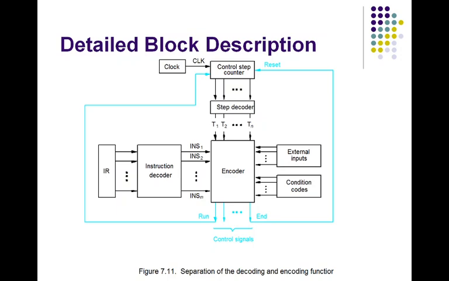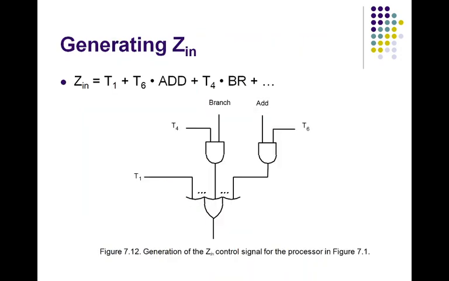The input signals to the encoder block in this figure are combined to generate the individual control signals, that is Y in, PC out, add, end, and so on. An example of how the encoder generates the Z-in control signal for the processor organization is shown in this figure.